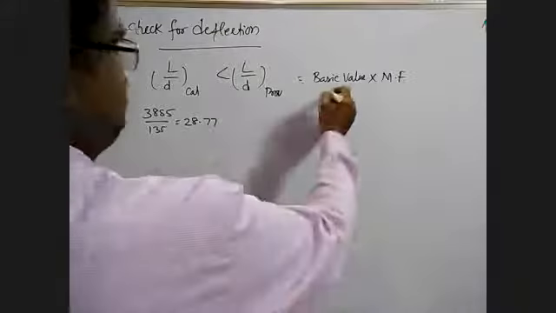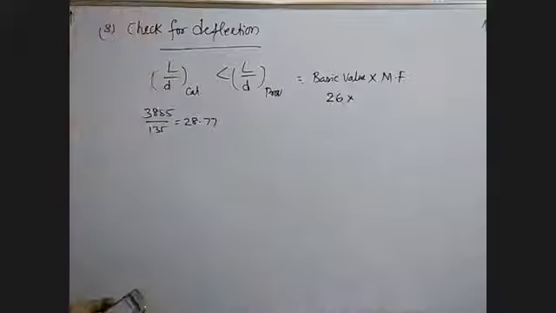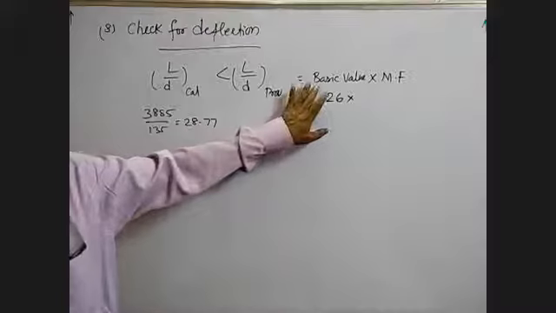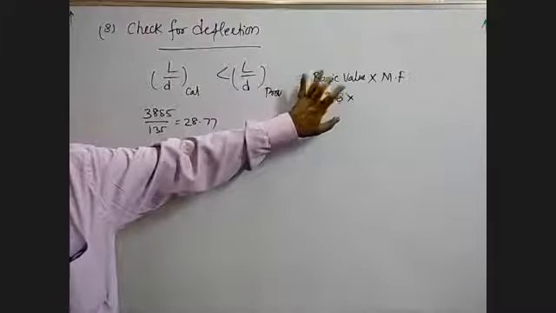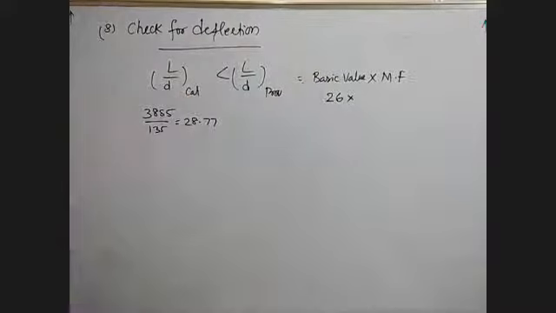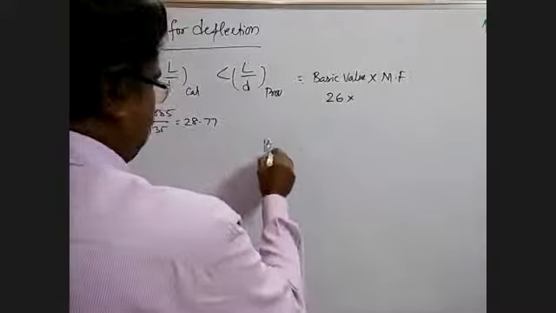For a continuous slab there is a difference here. If it is an ordinary one, you take the basic value as 20, but here you have to take 26. Into modification factor, which depends upon the PT value.